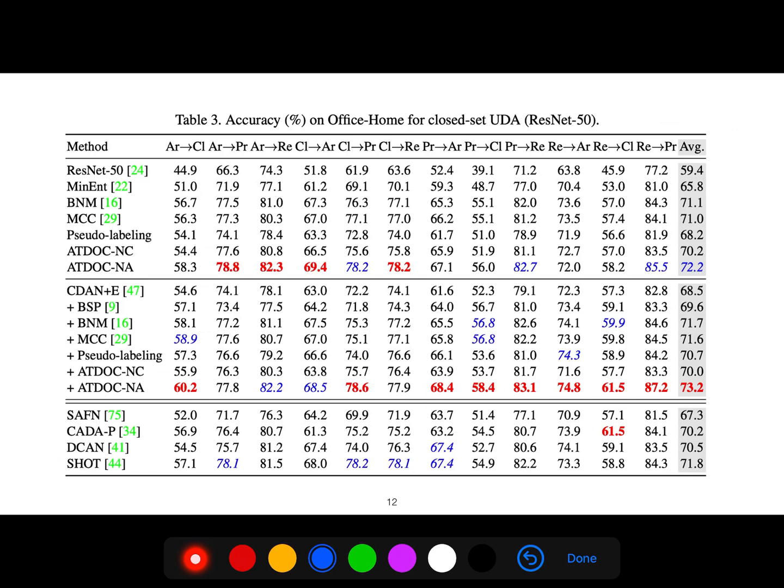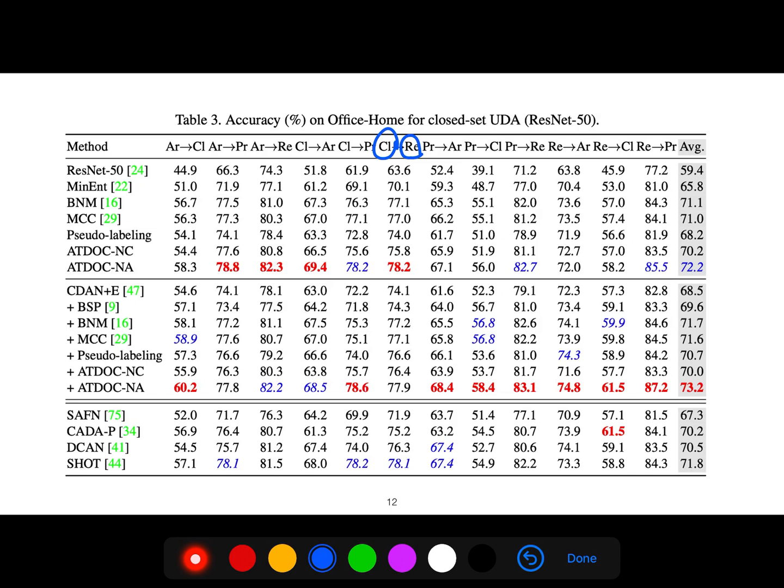And you go from any source to any target, and you have different accuracies. So for different methods, you can see different accuracies.